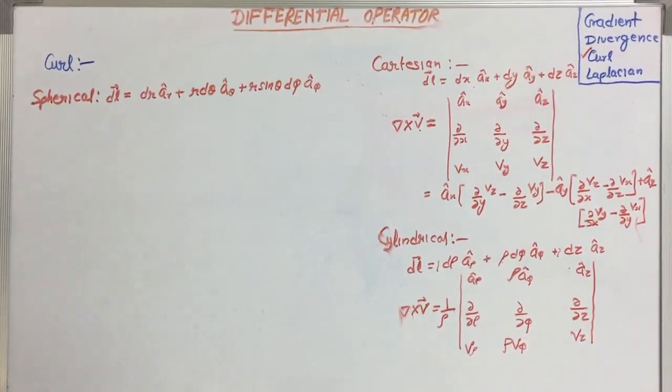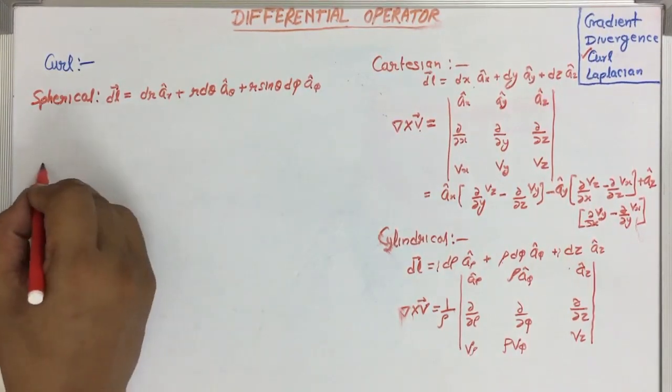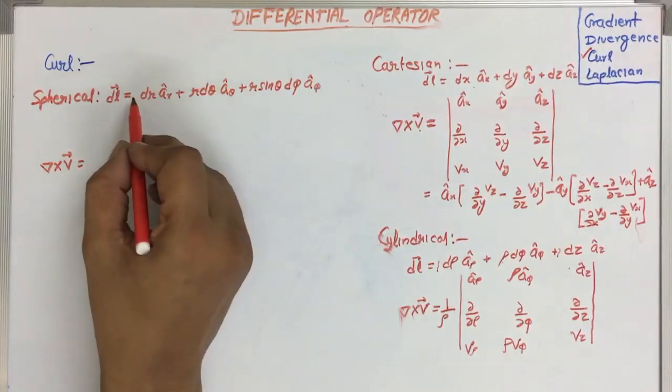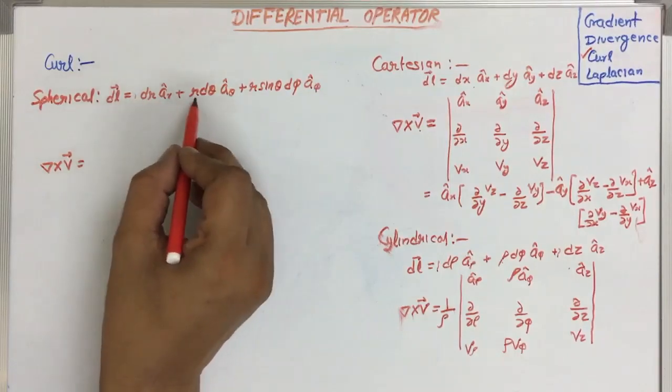This was the differential length. With the help of this, we will try to find the curl of vector field V in the spherical coordinate system. What are the coefficients here?